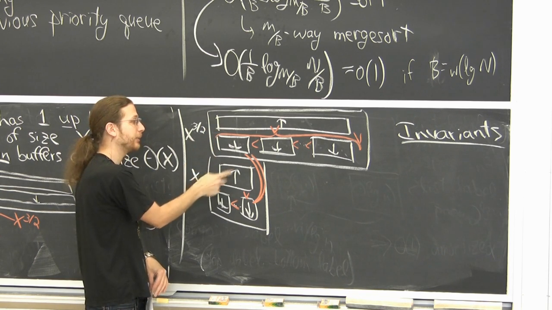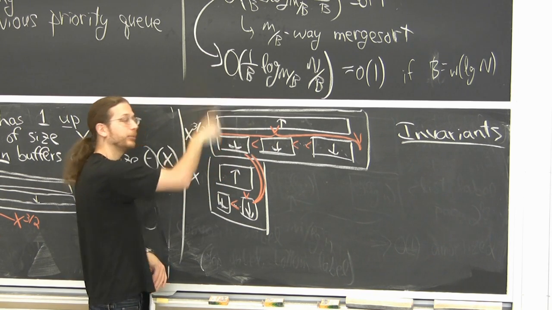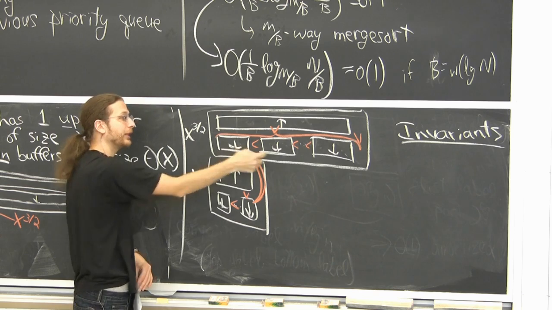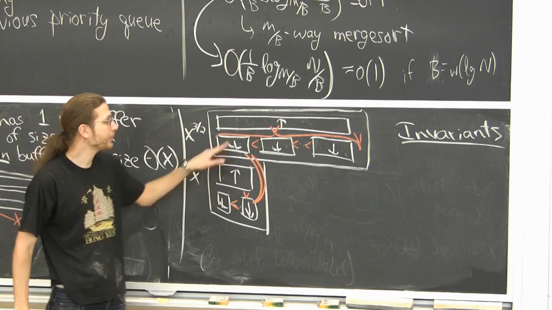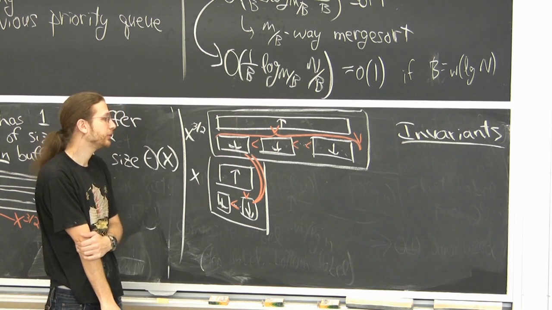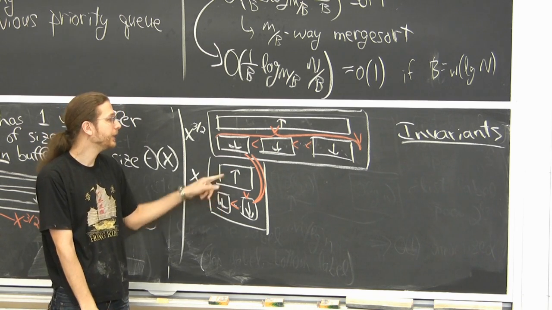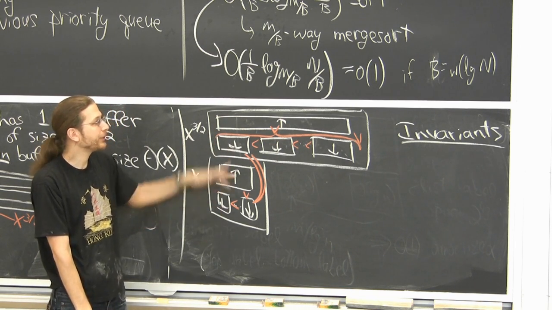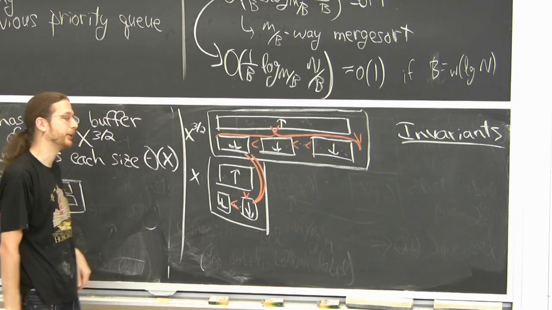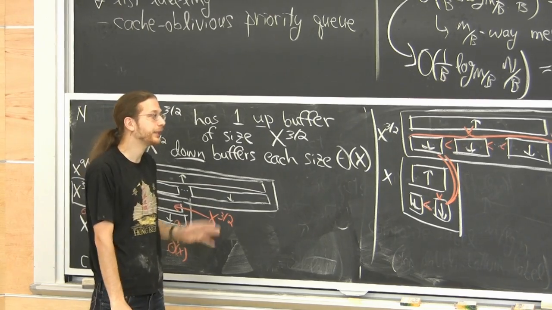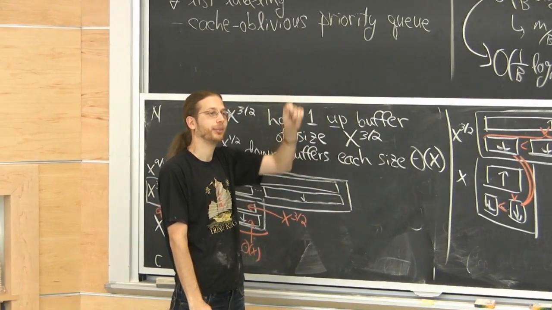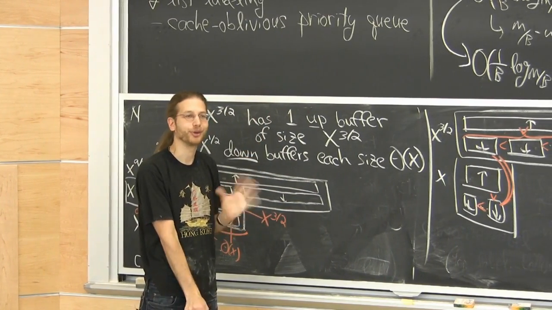We don't know how these items compare to these items, or these items could have to go higher. Could be they belong here or here, who knows. So basically the down buffers are more or less sorted, and so the mins are going to be down at the bottom. And the up buffer items, they're still moving up. We don't know where they belong yet, but eventually they'll find their place and start trickling down. Roughly speaking, an item will go up for a while and then come back down, although that's not literally true, it's roughly true.